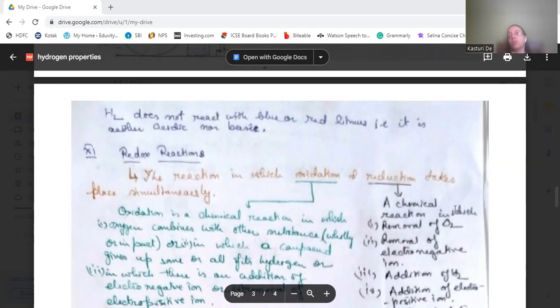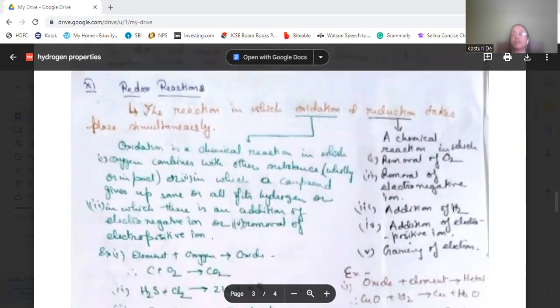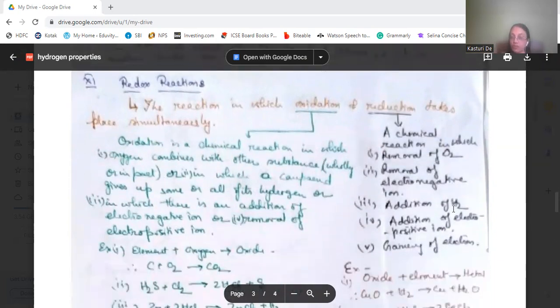Now, what is oxidation? What is reduction? Oxidation is a chemical reaction in which oxygen is combined with the substance wholly or partially, or hydrogen is being removed from some of its compounds, or an electronegative ion is added, or an electropositive ion is removed, or there is a loss of electron.